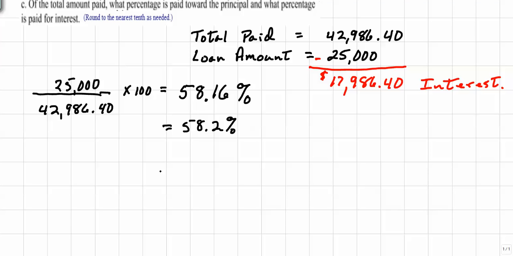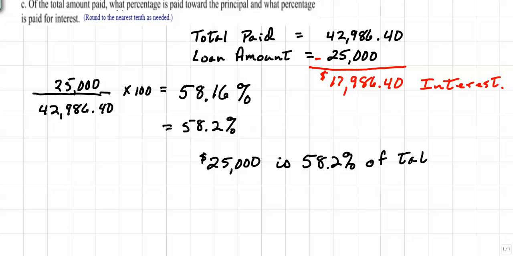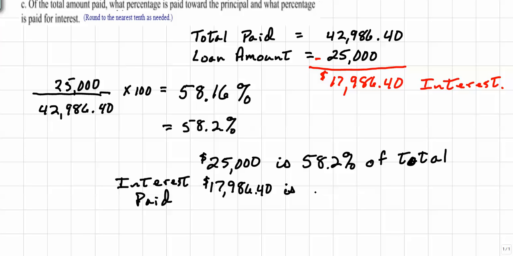So since the principal amount, $25,000, is 58.2% of the total, that means that the interest paid of $17,986.40 is going to be 41.8% of the total. And both of these is total paid.